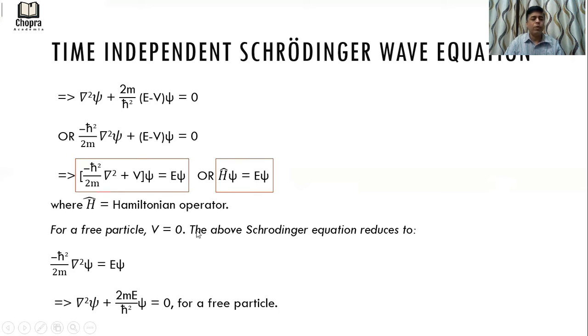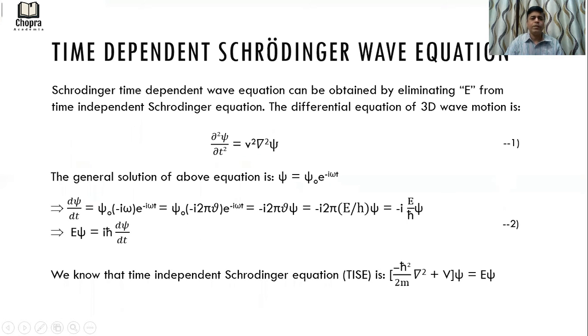The next form is time dependent Schrodinger equation, which can be obtained by eliminating E from time independent Schrodinger equation. The differential equation of 3D wave motion is given as we saw in the previous derivation. It is dou square psi by dou t square is equal to v square grad square psi, equation number 1. We can now write the general solution to be, because this is a time dependent form, the wave function must be dependent on time primarily.